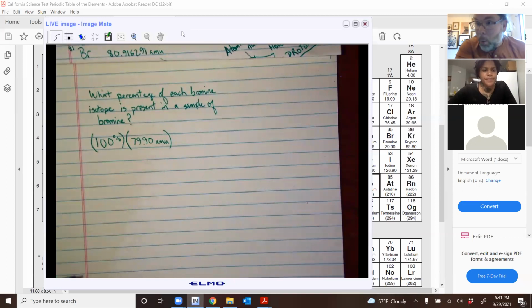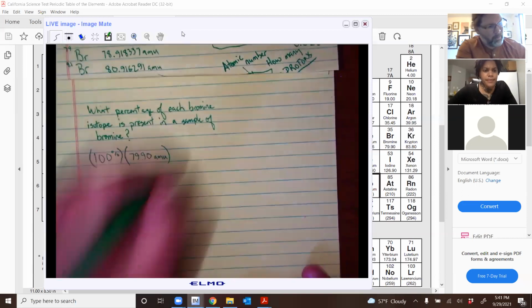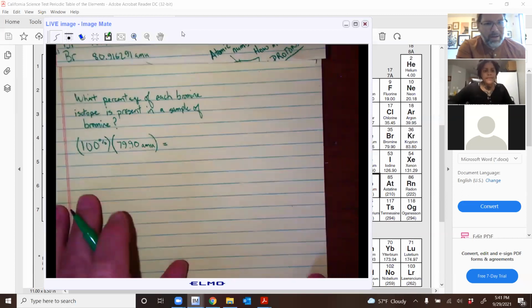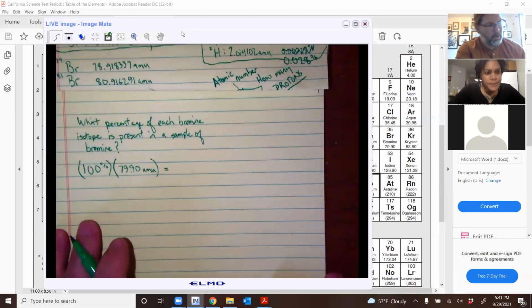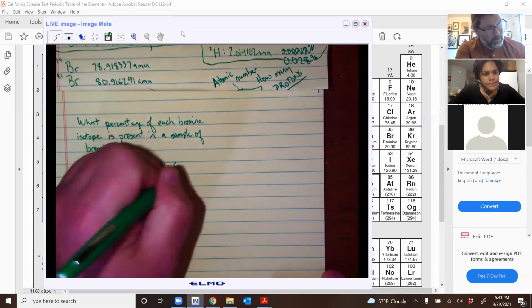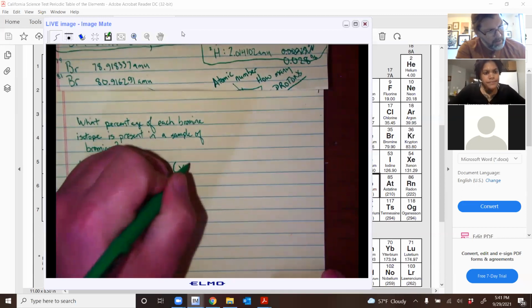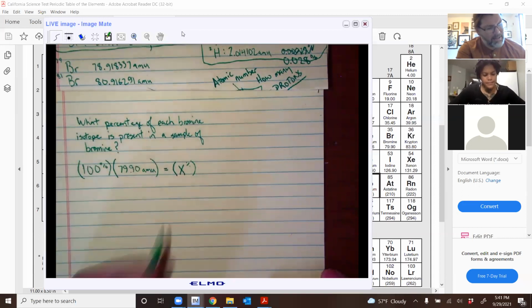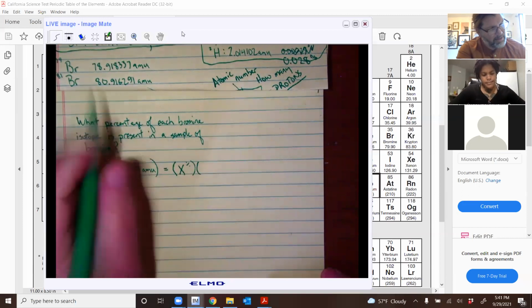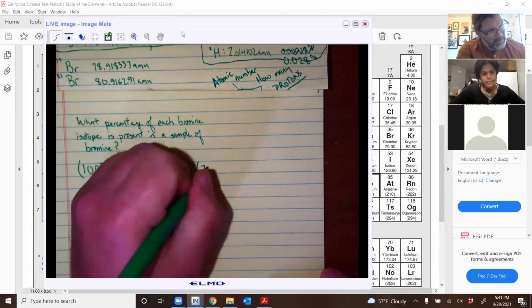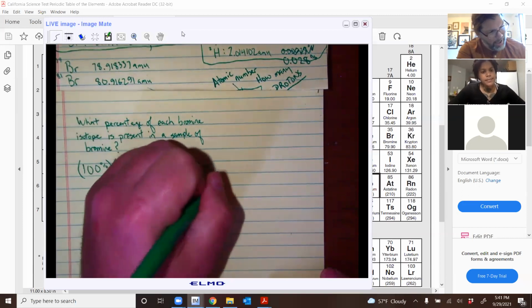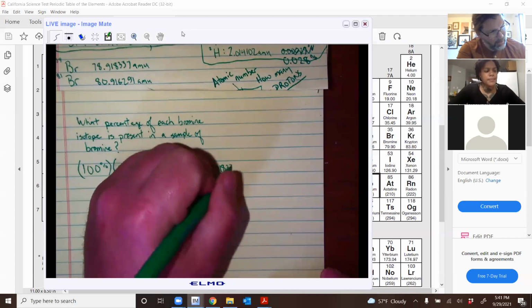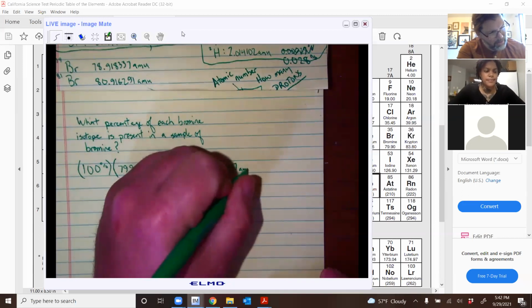So we're trying to figure out what percentage each one of those isotopes is. So on the other side, one of these isotopes has X percentage of the total. And that isotope has a mass of 78.918337 atomic mass units.